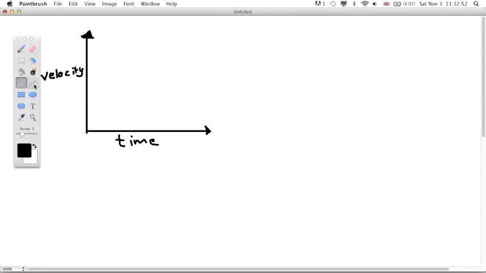So if you're asked to show a graph of an average speed, so speed that remains the same over time, what do you have to do? Well, that's probably the simplest of graphs. You just draw a straight line at what the speed is.